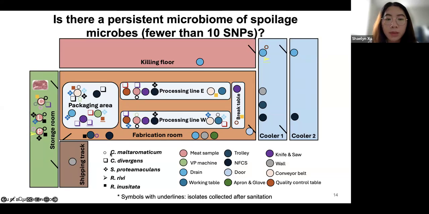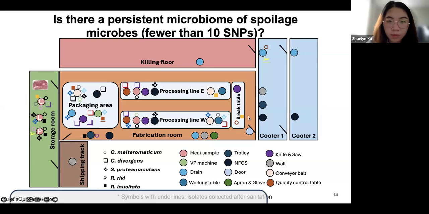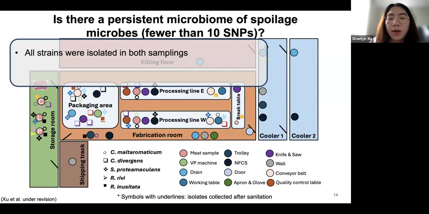For example, the circle represents Carnobacterium maltaromaticum, while the square represents Carnobacterium divergens. And if the symbols are color-coded with the same color, that means they are the same strains. So overall, what we found is all targeted species or strains were isolated at both sampling times.